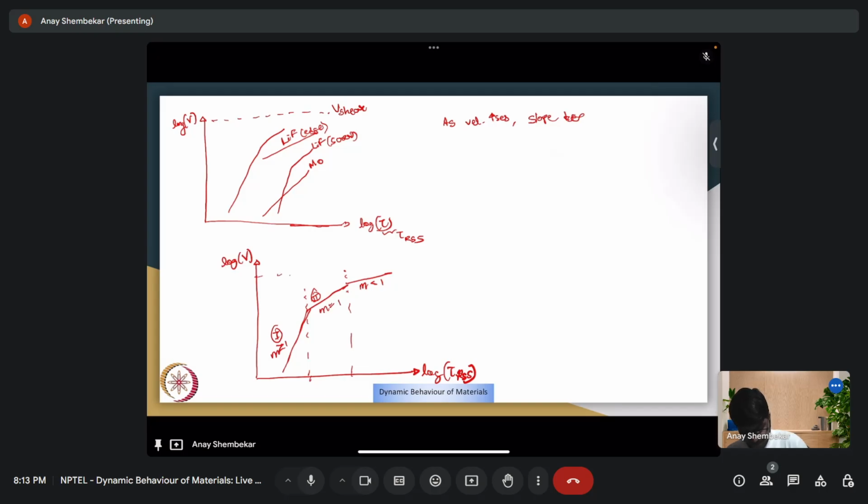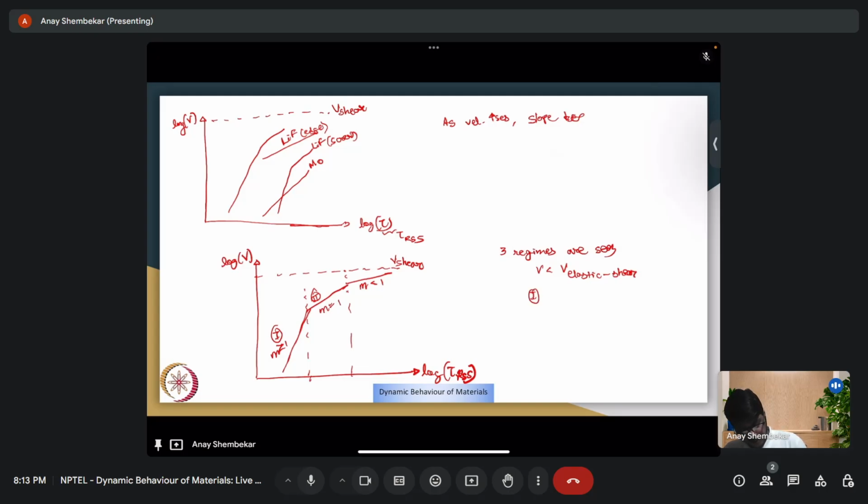This is the V shear, which is the limiting velocity. And we can write, three regimes are seen in this plot. So I think this is specifically for nickel maybe, but in general this is how it's seen. And we also see that the dislocation velocity is less than the elastic shear wave velocity.